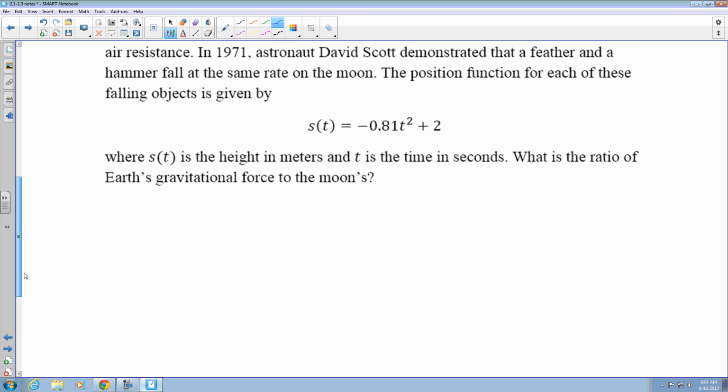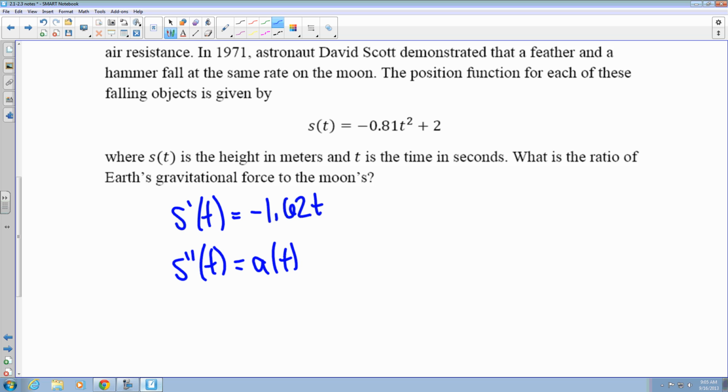So this is representing the moon, we need to find the acceleration function. So if this is position, we need to find first derivative, which gives us velocity, which is negative 1.62t. And if we take it again, that is the acceleration function, which is negative 1.62.